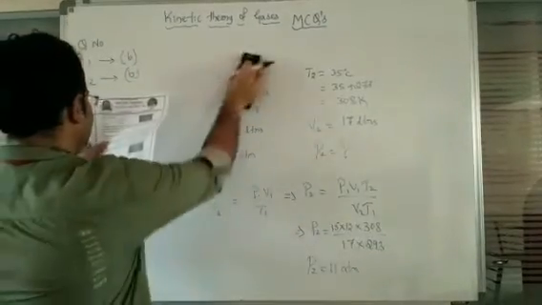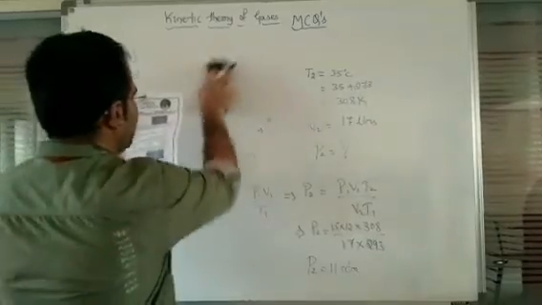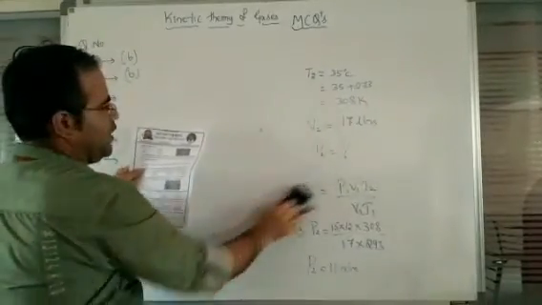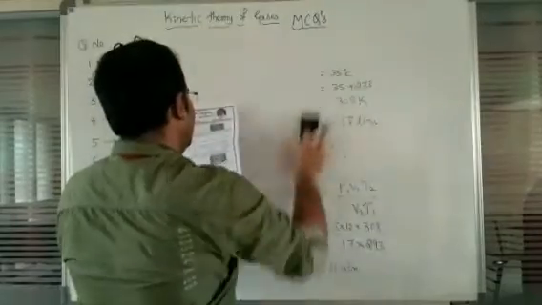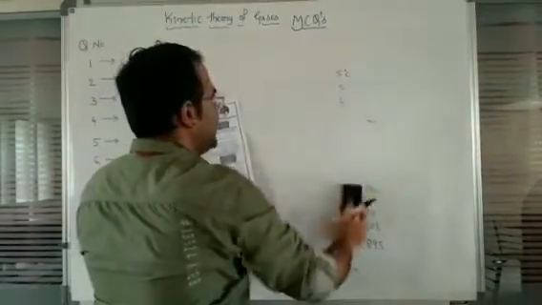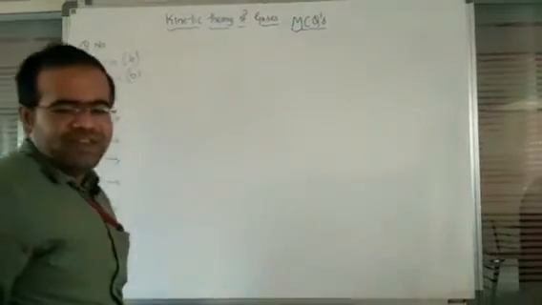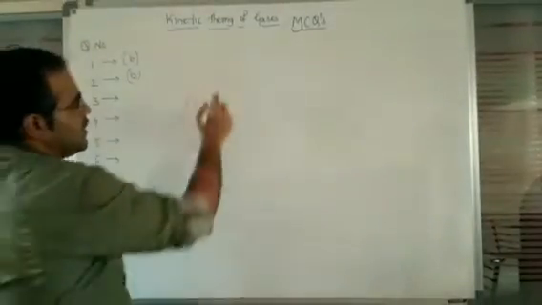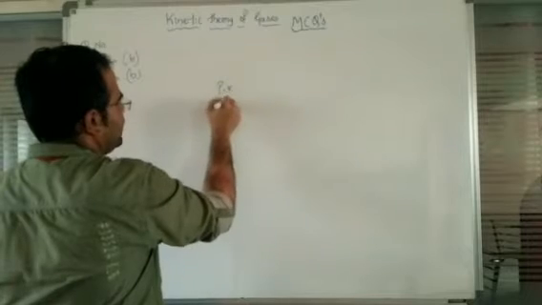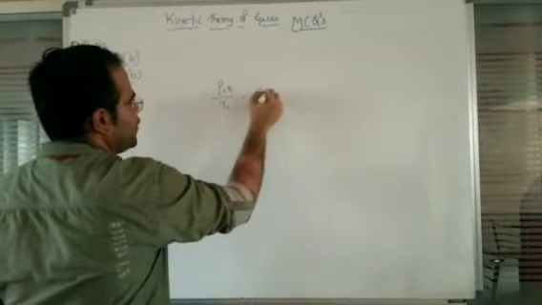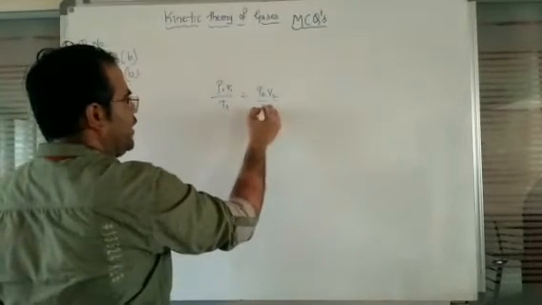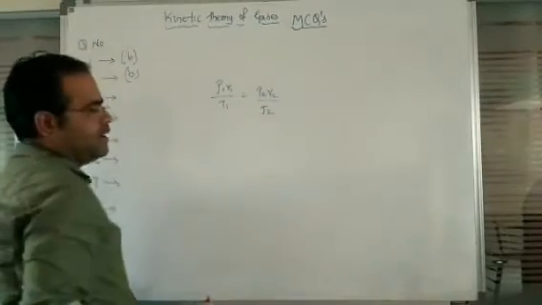Next, question number 3. If the pressure and volume of a certain quantity of an ideal gas are halved, then what happens to its temperature? Again, P1 into V1 divided by T1 is equal to P2 into V2 divided by T2.